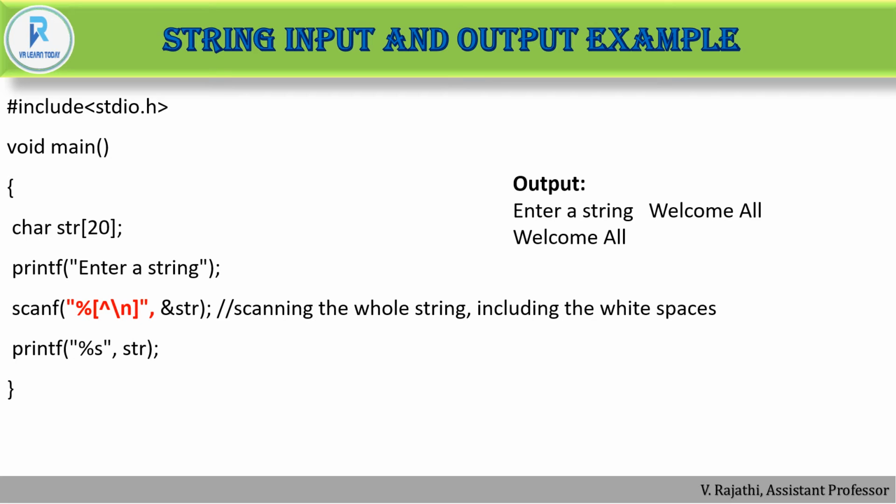If we use this instead of %s, it will read the whole string and not terminate when it meets white space. If I give "welcome all", it will produce the output "welcome all" with this format. If you use %s instead, it only prints "welcome".